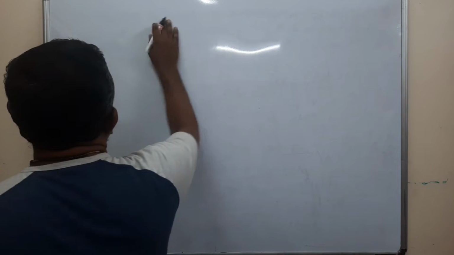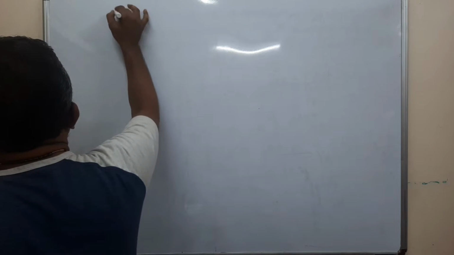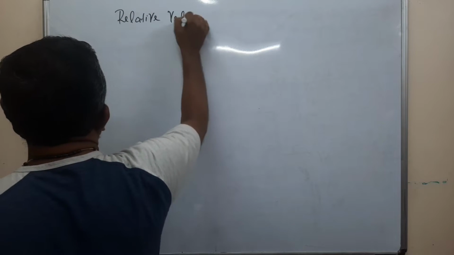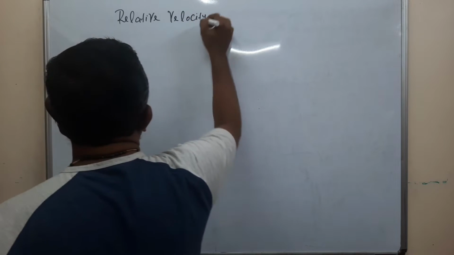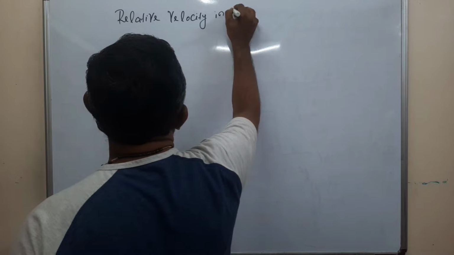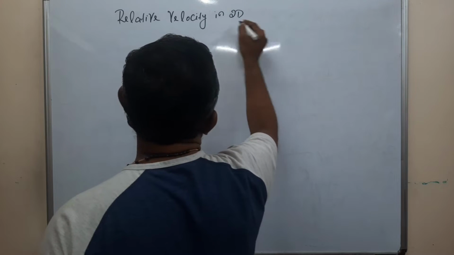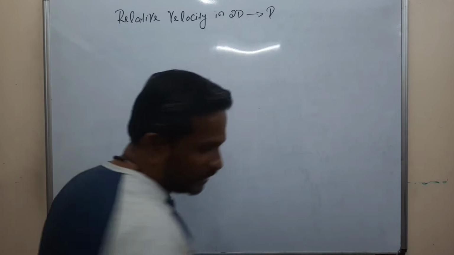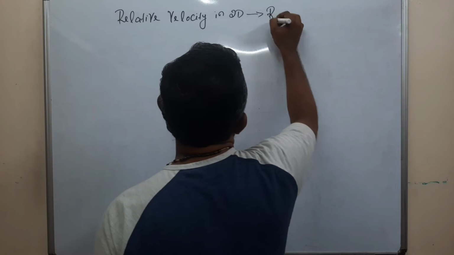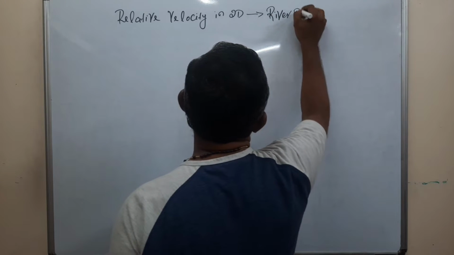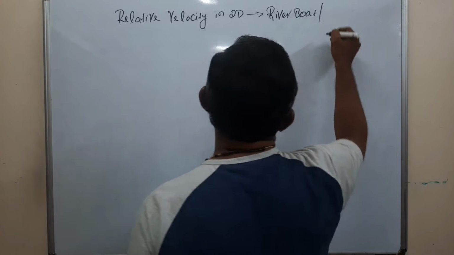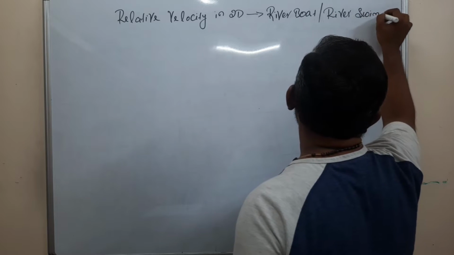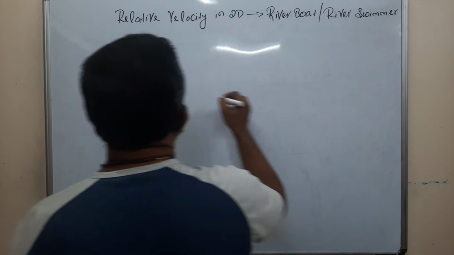So, relative velocity in 2D. In that we are going to discuss the riverboat or river-swimmer problem.